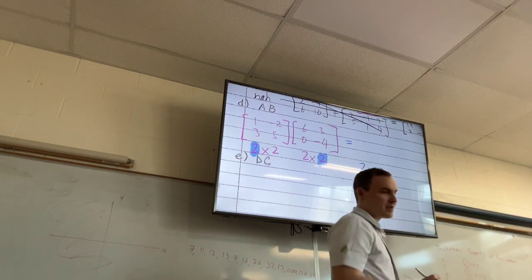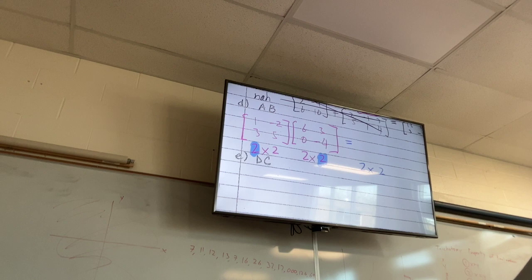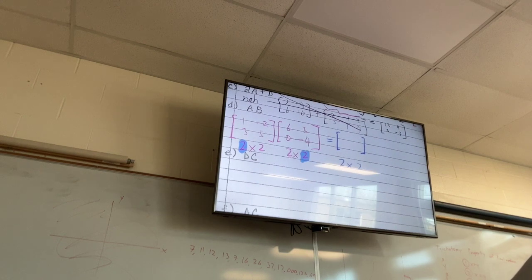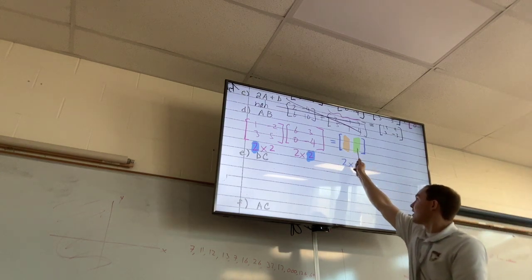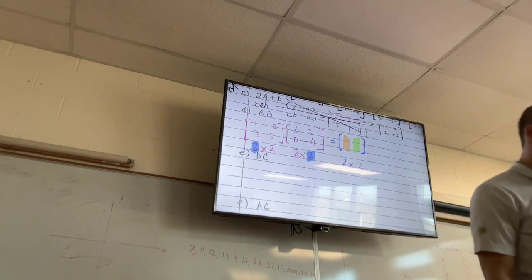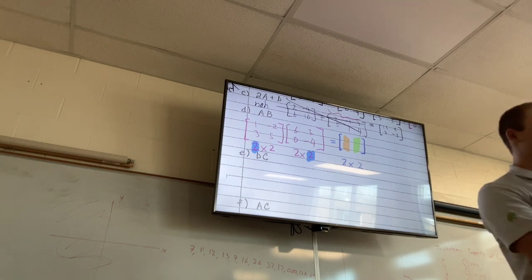So I'm going to have an orange column in my answer and a green column. Here's what I think is the easiest way to think of this.